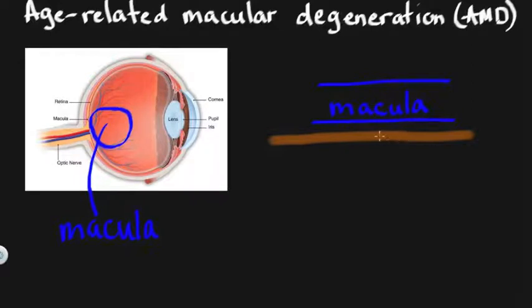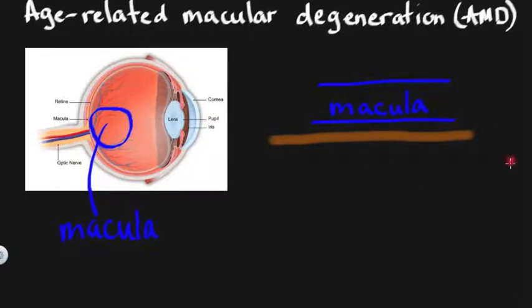So the pigment layer, just like soil, provides nourishment and support to the macular cells. Without this pigment layer, you cannot have a healthy macula, just like without good soil, you can't have healthy plants and flowers.